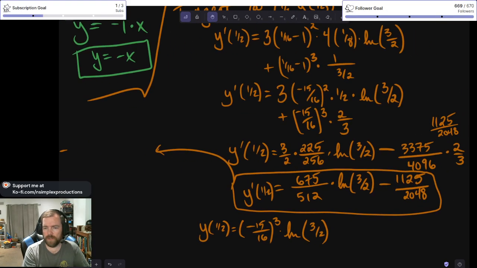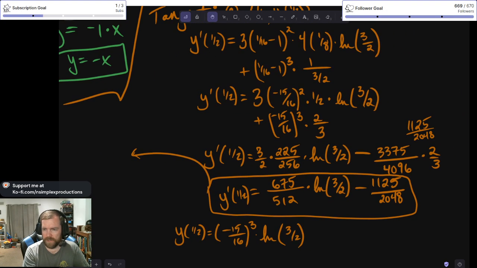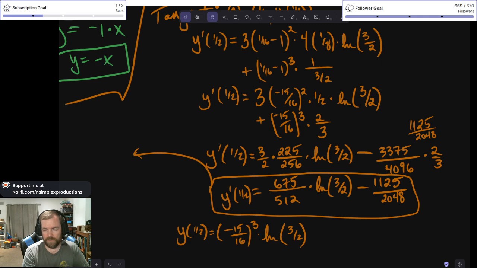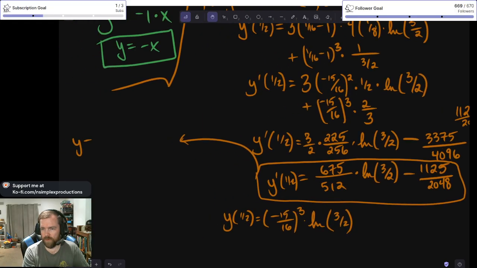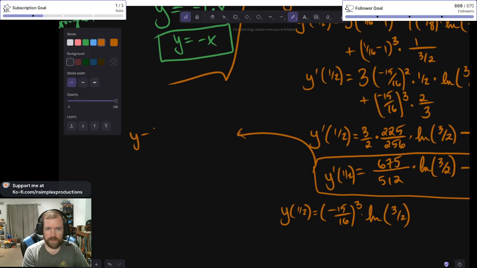So the cube of 15/16 again is now a negative 3375 over 4096. In the negative, which makes that positive. If we bring it over to the other side, it's negative again. Is equal to this nasty thing.